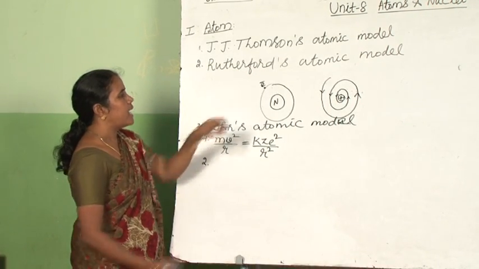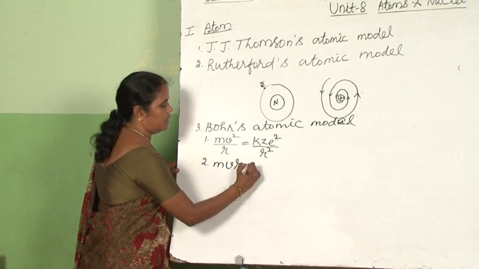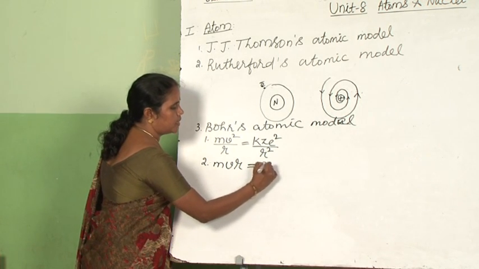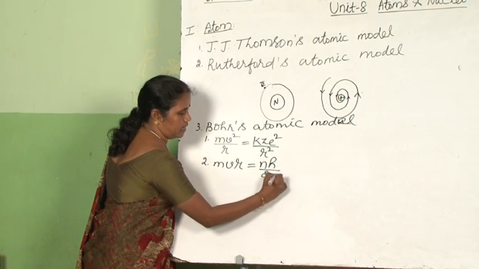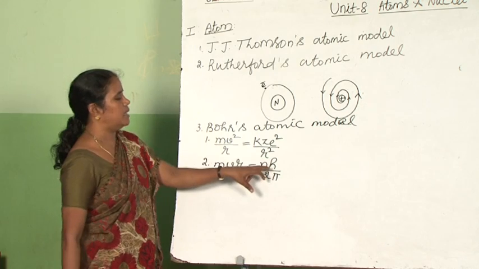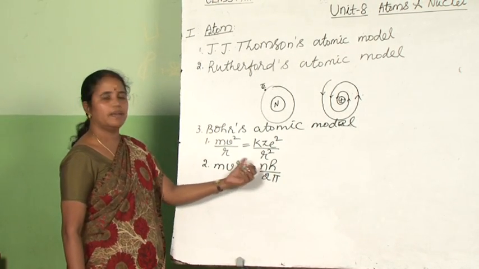For that, the angular momentum of the revolving electron is equal to an integral multiple of h by 2 pi, where h is Planck's constant and n is the principal quantum number.